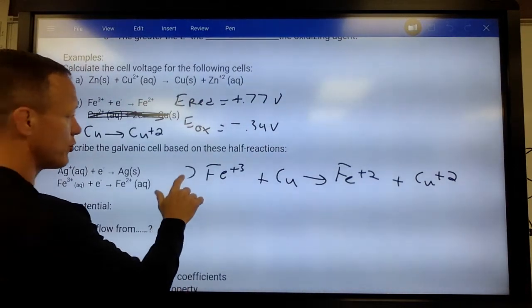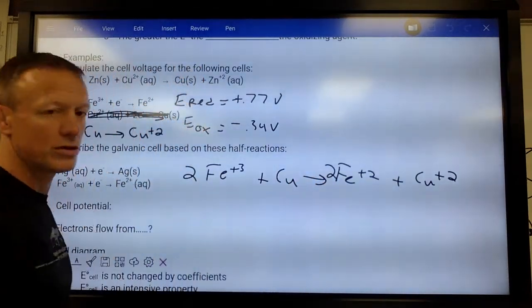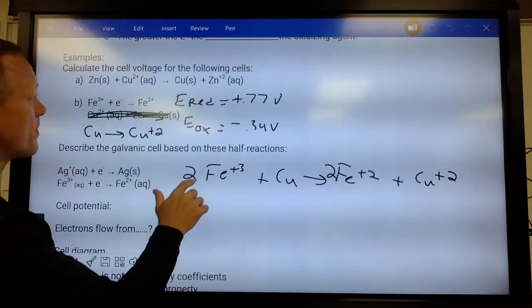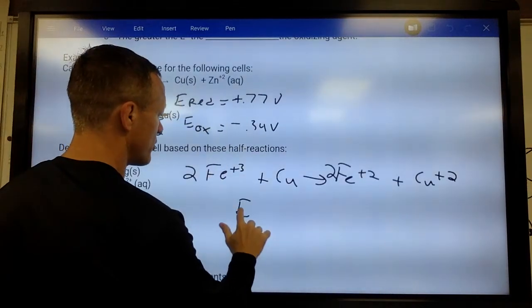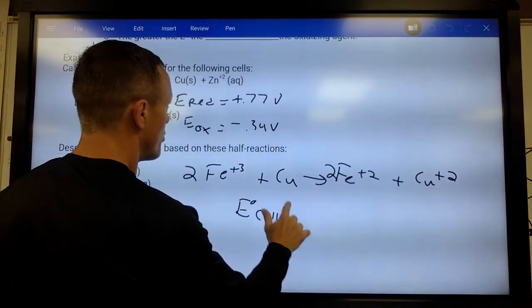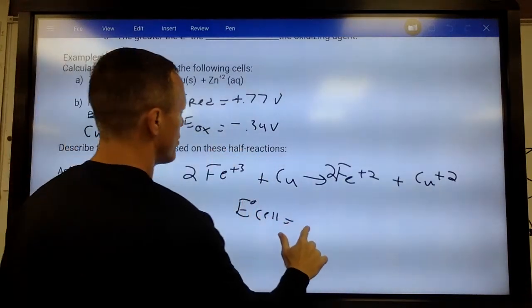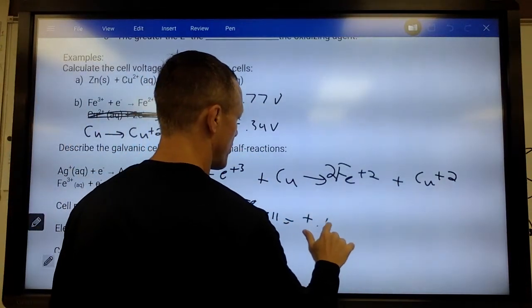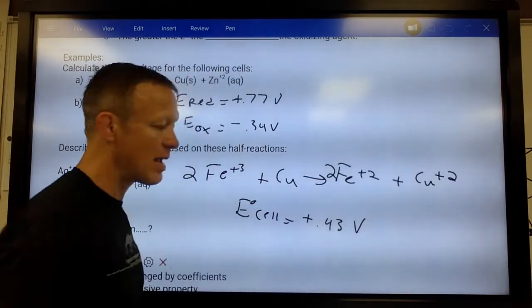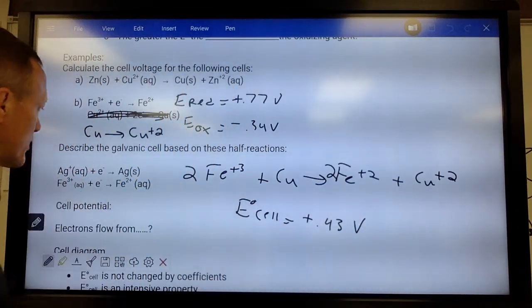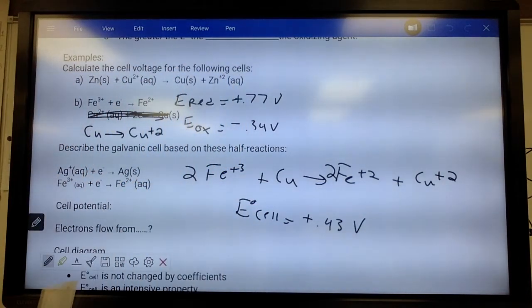You actually would have to have 2 of those for it to be balanced. And then our cell potential would be 0.77 plus a negative 0.34, which is positive 0.43. Again, it has to be a positive cell potential for it to be a spontaneous process. All right.